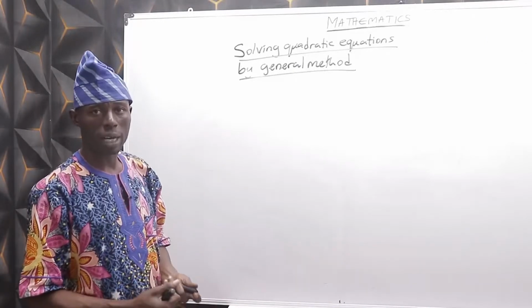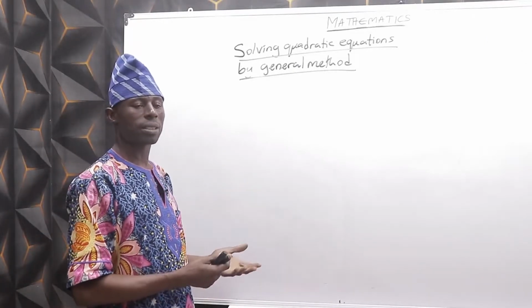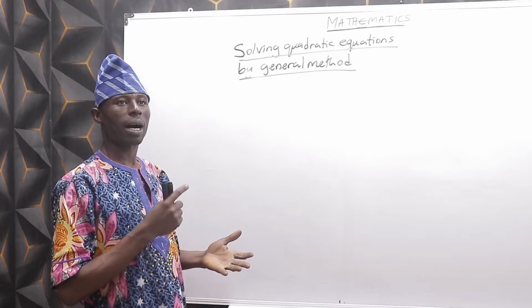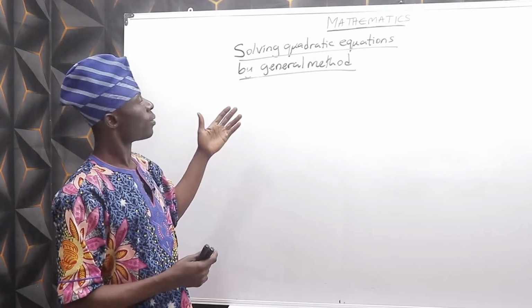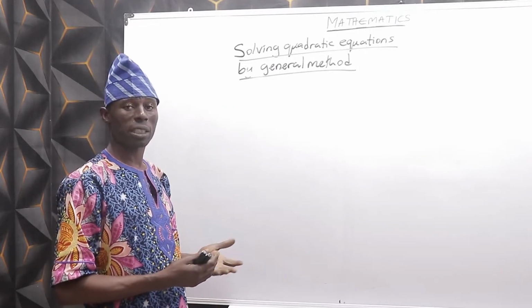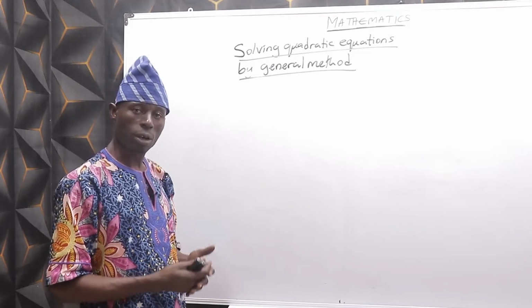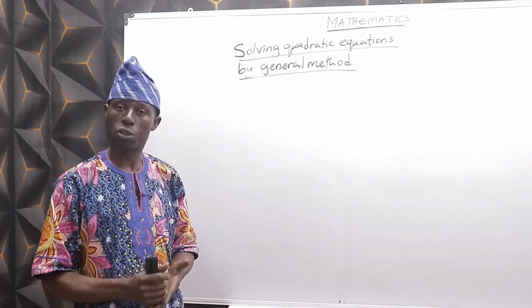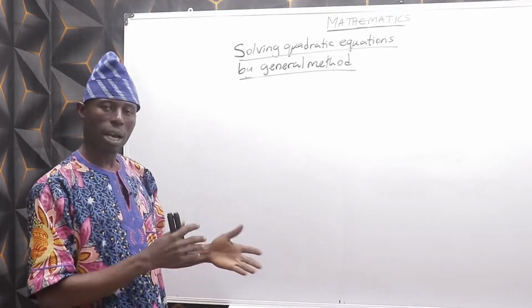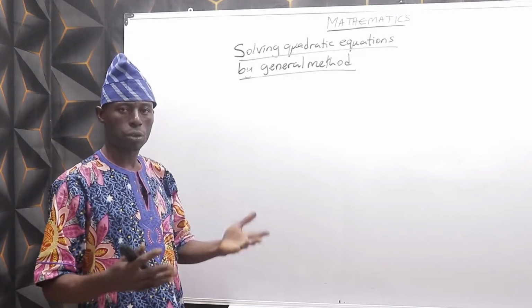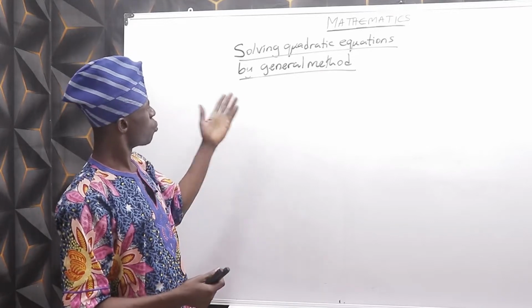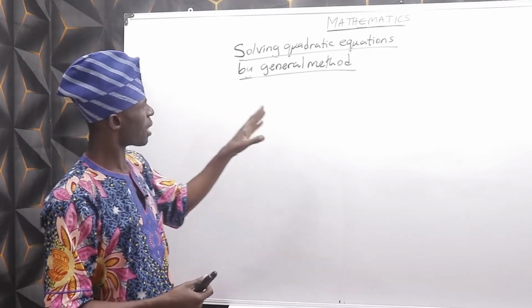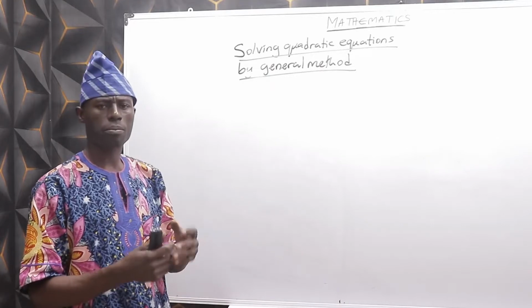Let's start today's work. We've seen how the solution of the previous assignment is solved. We have already witnessed the solution. Wherever you need to adjust, please do. Today, we are considering solving quadratic equations by general method.